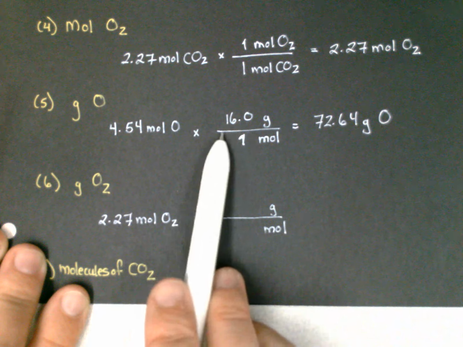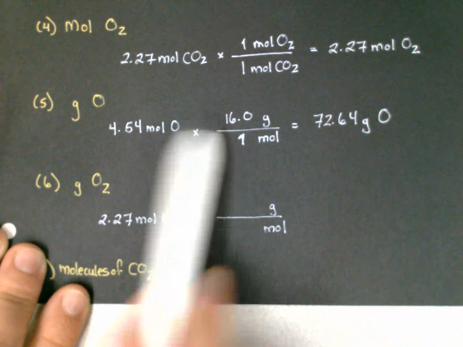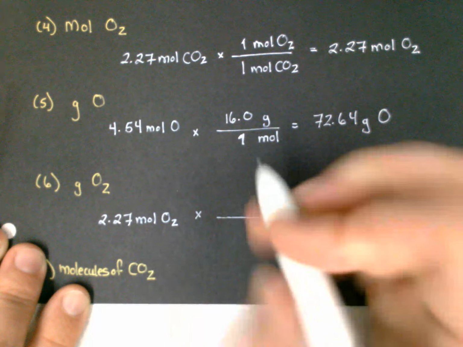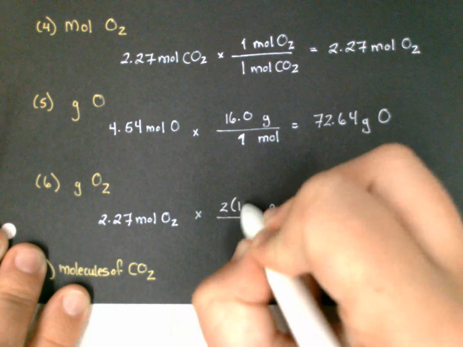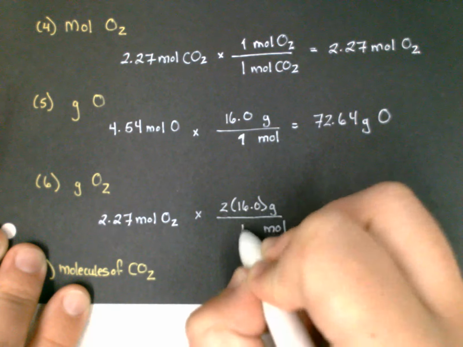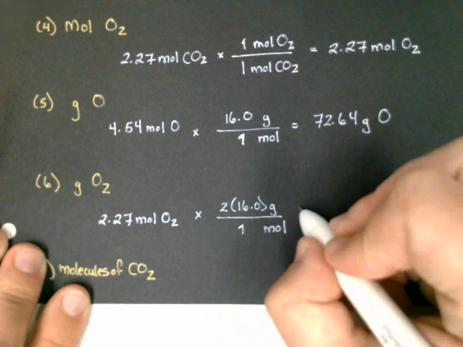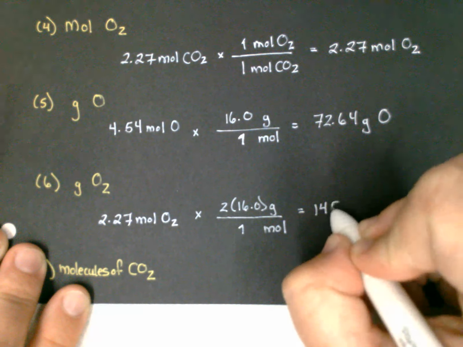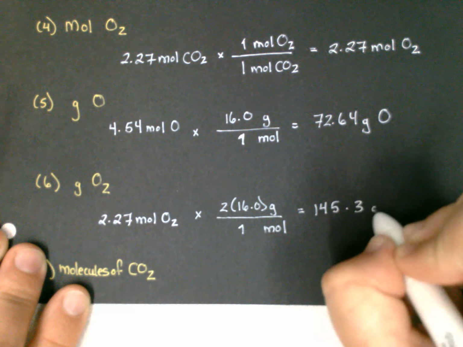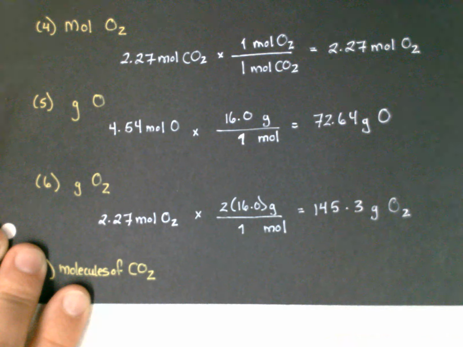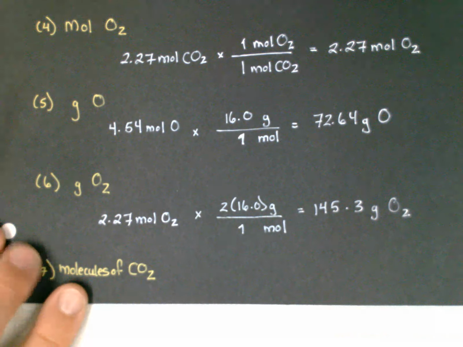We know that the atomic weight of oxygen is 16, but we have two oxygens here, so this needs to be 2 times 16 to give us 32 grams per mole for O2. So that's going to tell us that we have 145.3 grams of O2.